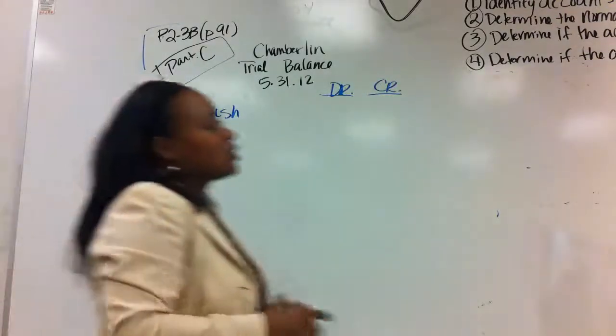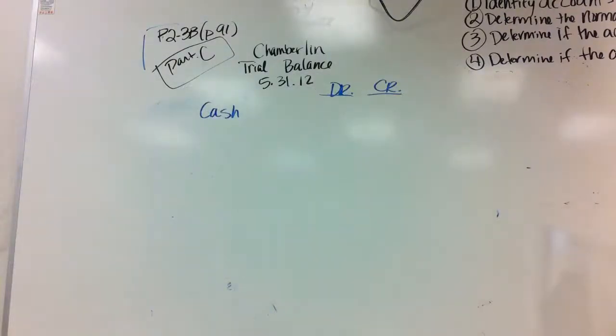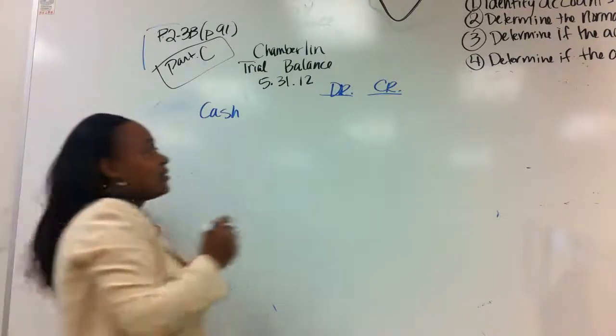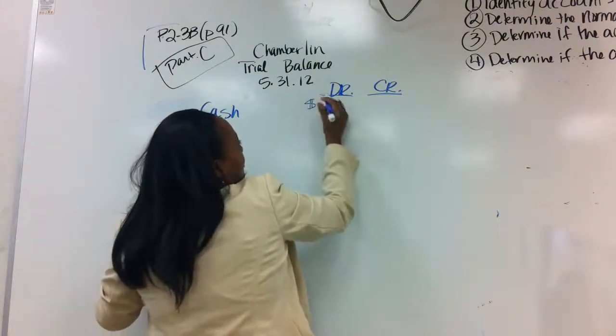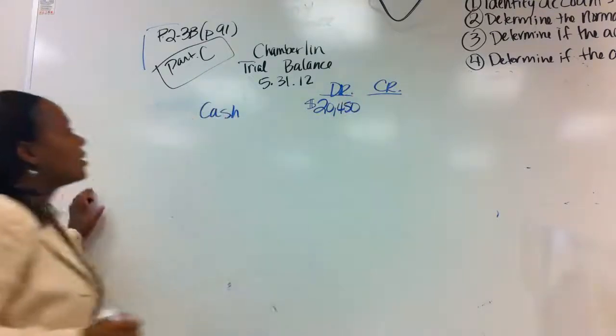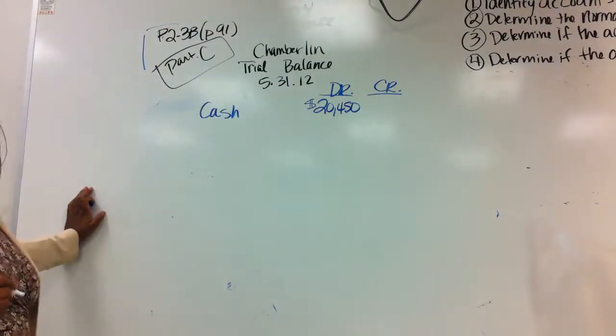What that means is you're going to go to your general ledger, figure out the balance of the cash, add up all the debits, add up all the credits, and get the difference between the two. Does anyone have that number? 20,450. Okay, let's try that. So 20,450 is what we think we have for cash. So we're going to debit cash for 20,450.